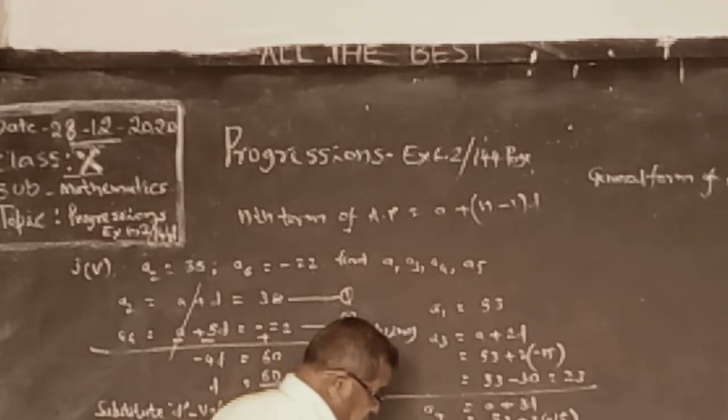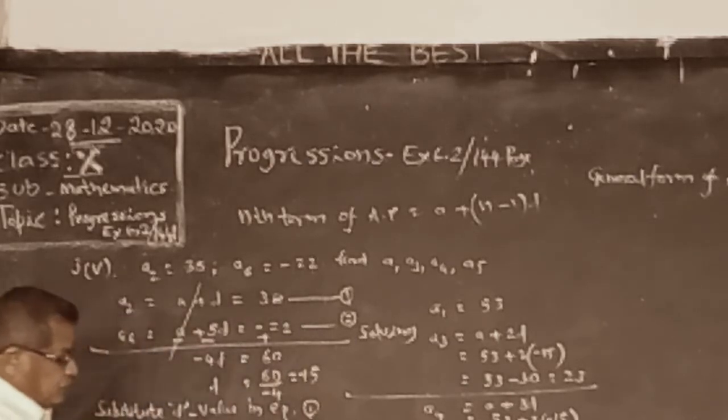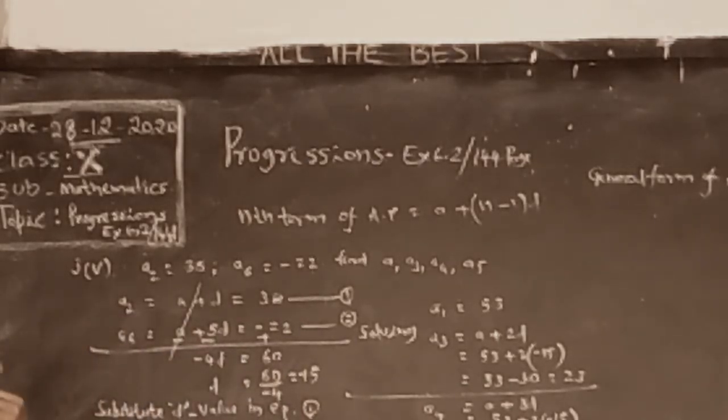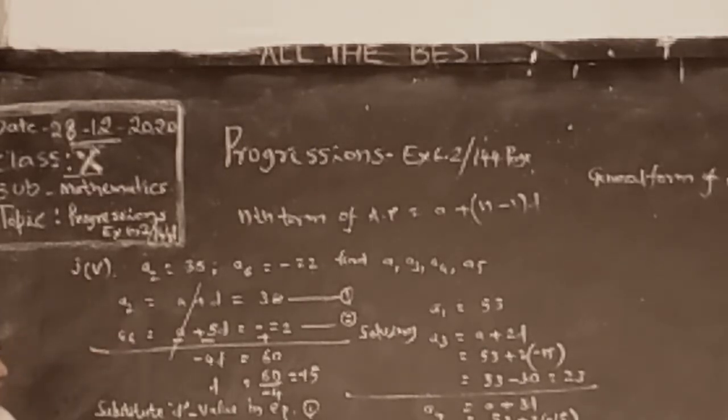So this is minus 7. Sixth term, minus 7 minus 15 is minus 22. So these are the terms. This is the procedure.